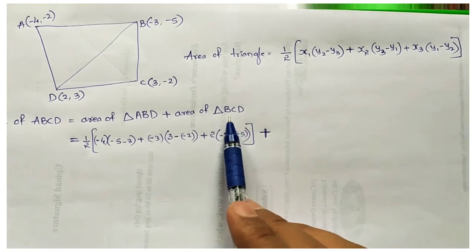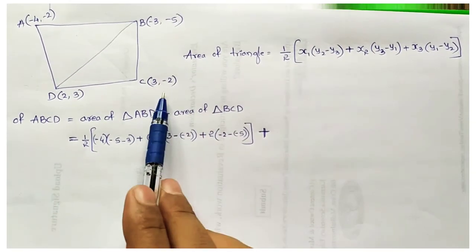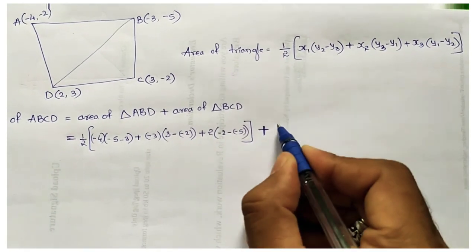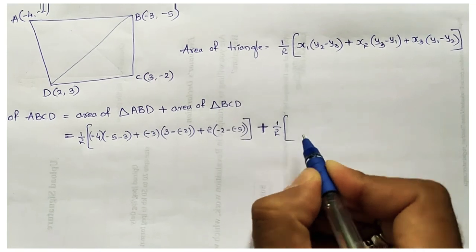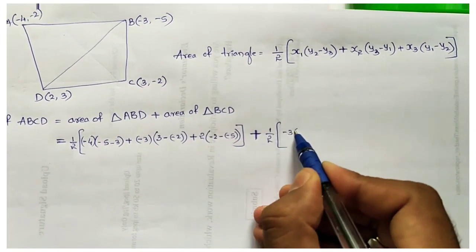Now the area of BCD. Okay, so taking it as x1, y1, x2, y2, x3, y3. Okay, so 1 by 2, x1 will be -3.